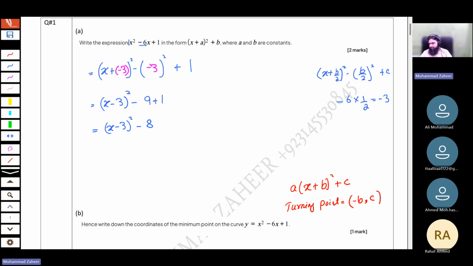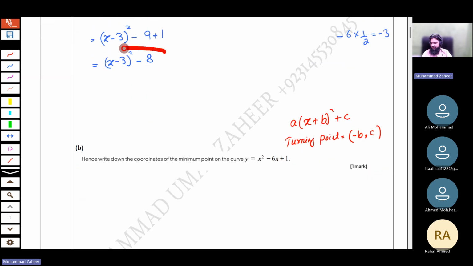We have already written the equation in completing square form, so our turning point is minus 3 becoming plus 3, comma minus 8. So the turning point, or minimum point, of this graph is (3, minus 8). Does anyone have a question till here?